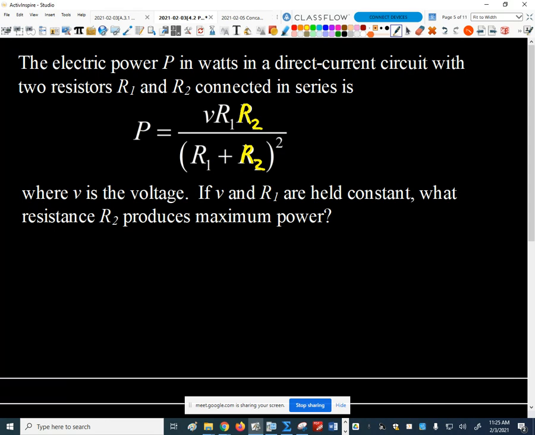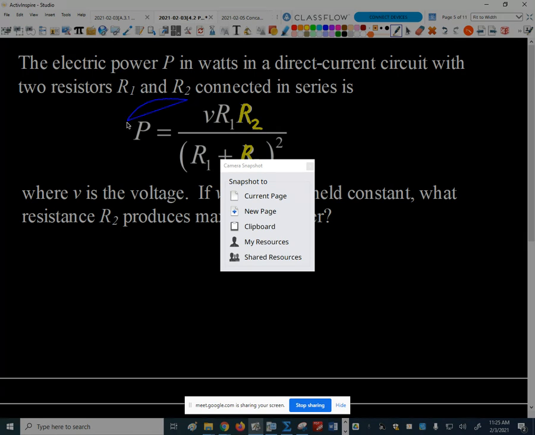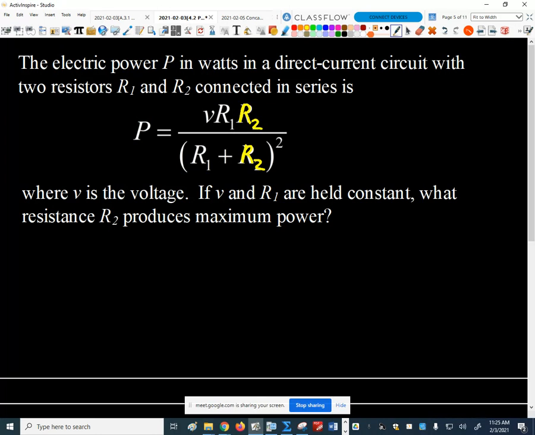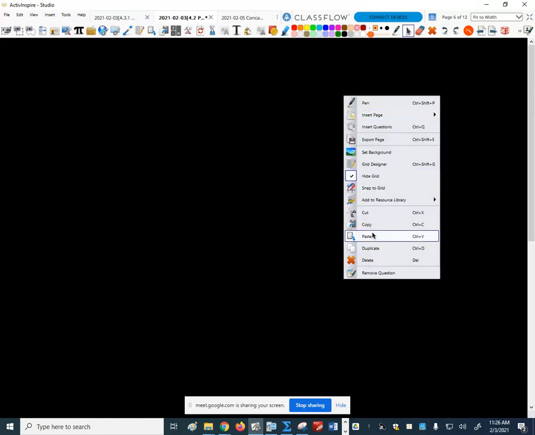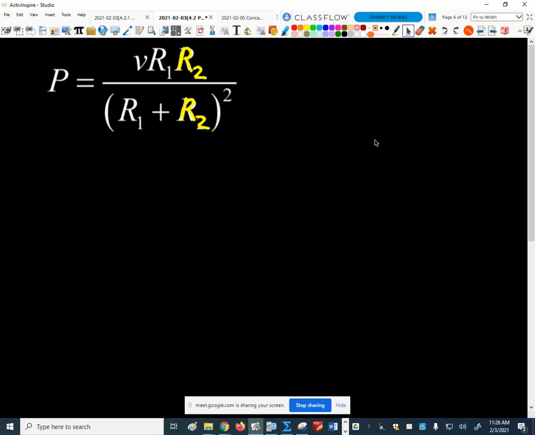Let's go to the next page and do that. Let's do our derivative first. Okay, so this is really P of R, right? And we're going to calculate the derivative P prime of R2.